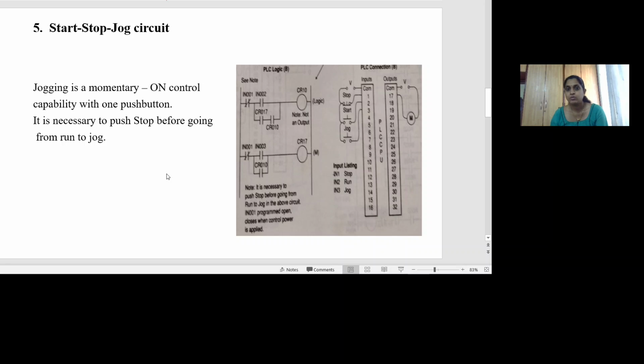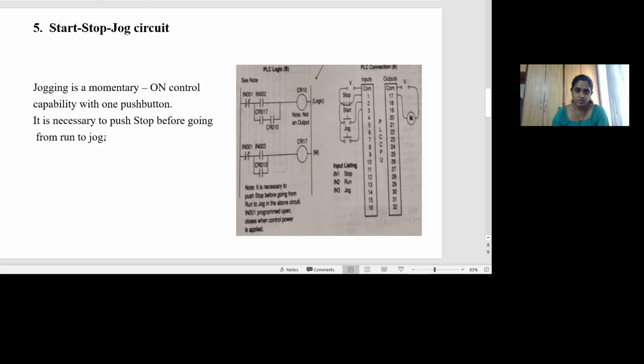Wherever I need to provide small controlled movements, I also need to use jogging. Jogging is also used to thread cloth, paper, or sheet steel. So these are the typical applications where small movements of the motor are required.